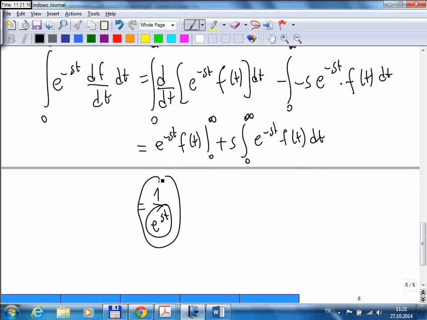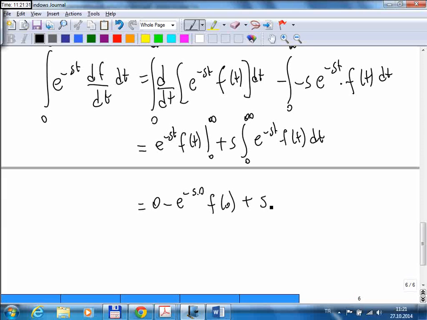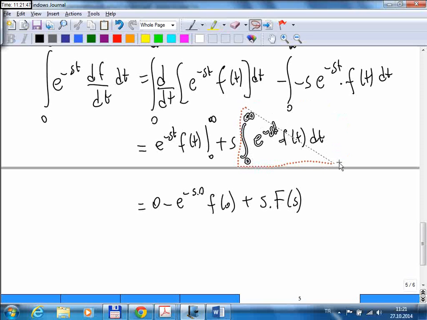So you have 0 minus, and in the limit as t goes to 0, you have e to the power minus s times 0 times f of 0, and plus s times this integral. But if you look at this integral, that is equal to the Laplace transform of the original function f, right? So this is exactly equal to the Laplace transform integral.